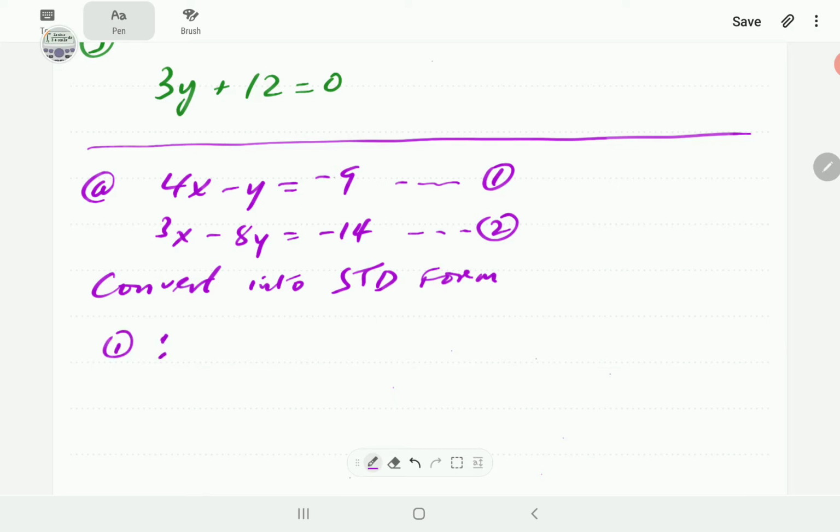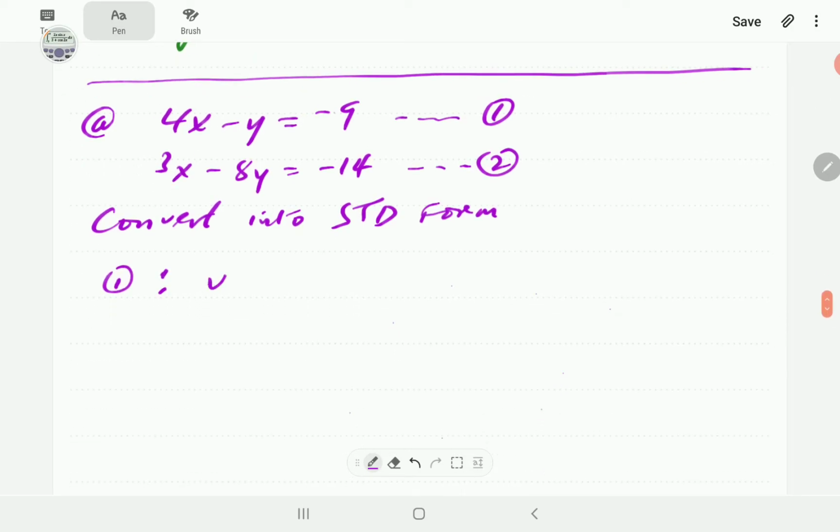Equation 1, make y the subject of the formula, is going to be 9 plus 4x. I simply take this y to this side and bring the 9 across.